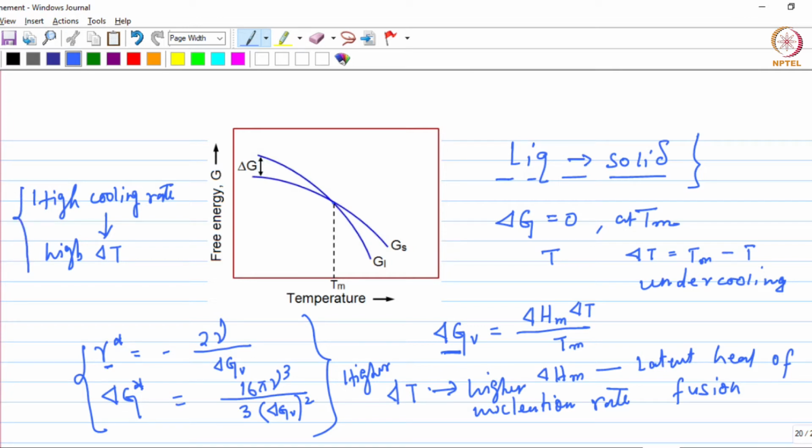And therefore, we can say that a high cooling rate will lead to a high nucleation rate.